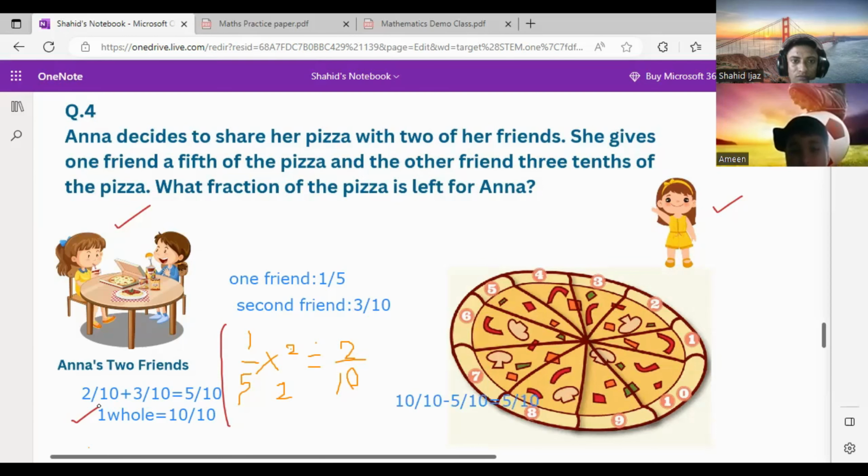But you need to simplify that. So 5 over 10, divide both by 5 equals 1 over 2, a half.